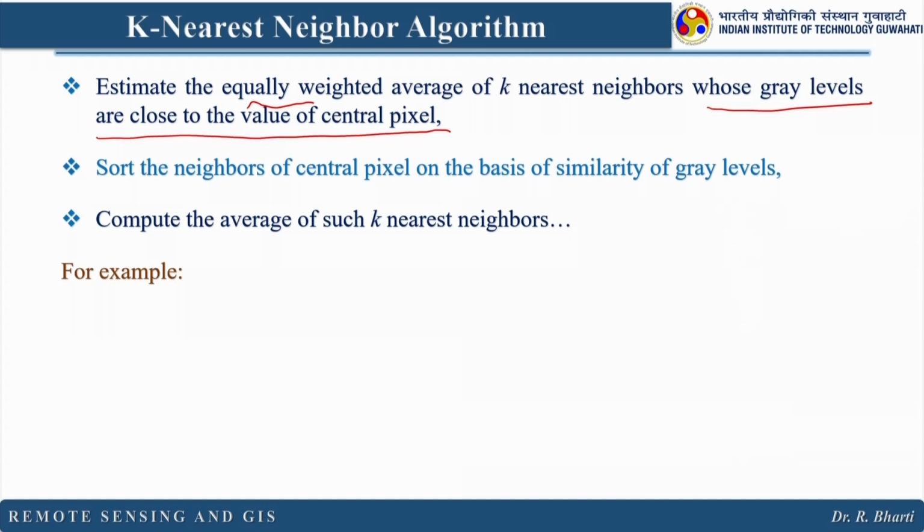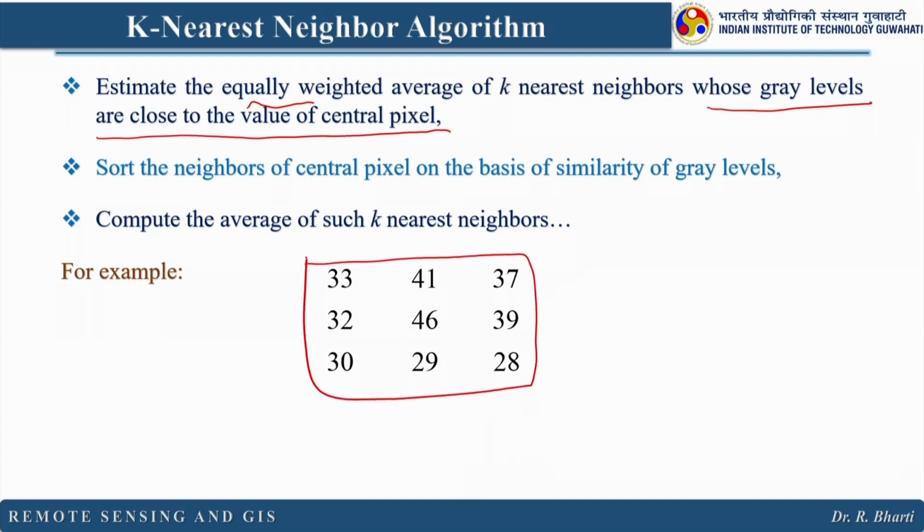So here we have one example. This is the image pixel, right, and you are using 3 by 3, and this is the central pixel. For that you need to estimate the new value using K nearest neighbor. So how will you do that?